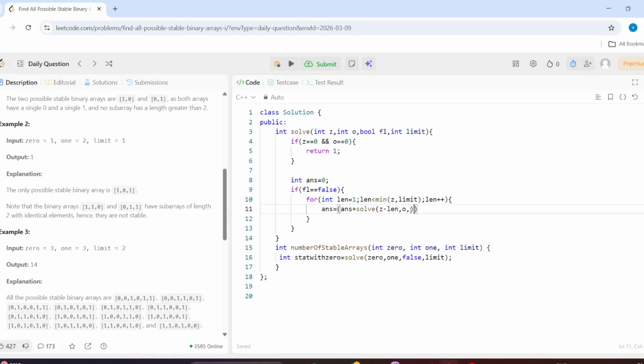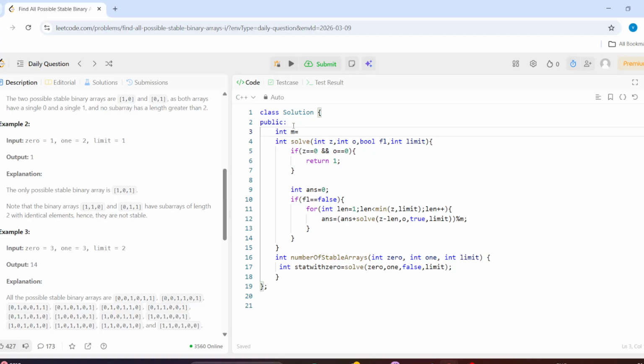So here we will mark the flag as true, like we have taken the 0. Now we can take 1 also. Limit, and here percent modulo, let us take mod equal to 1e9 plus 7.